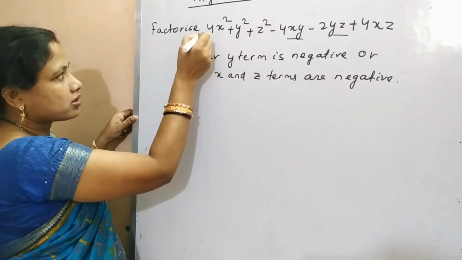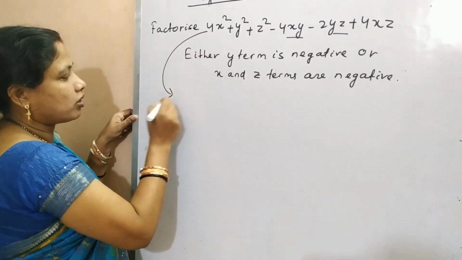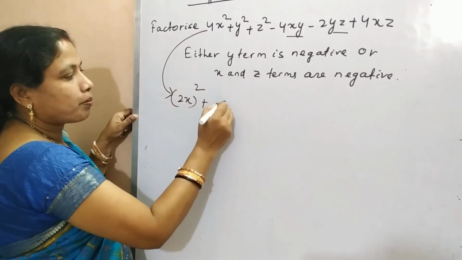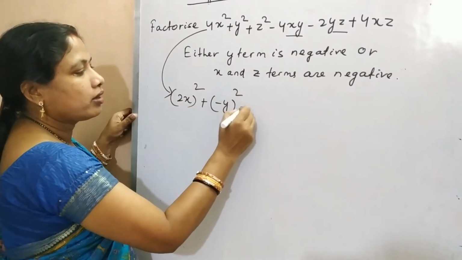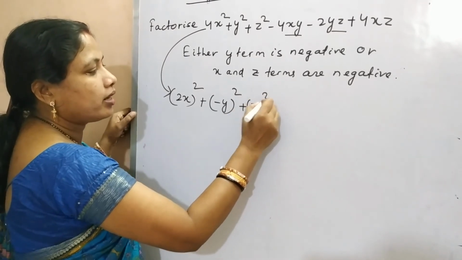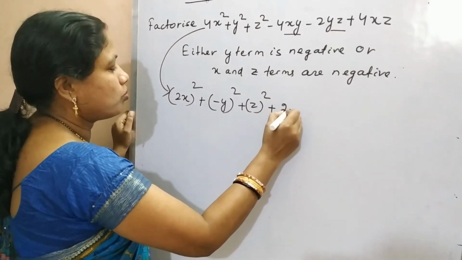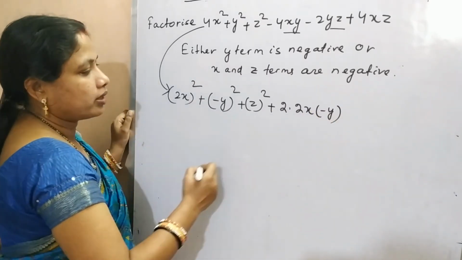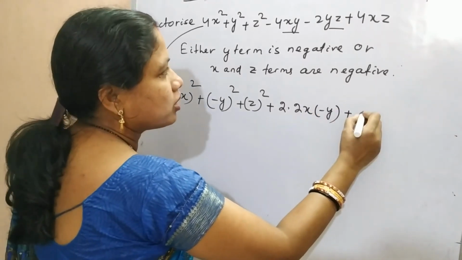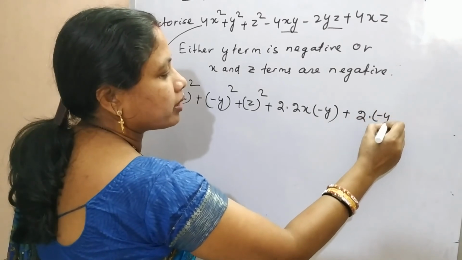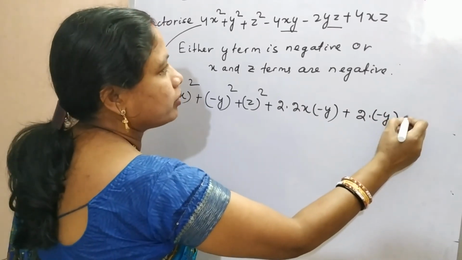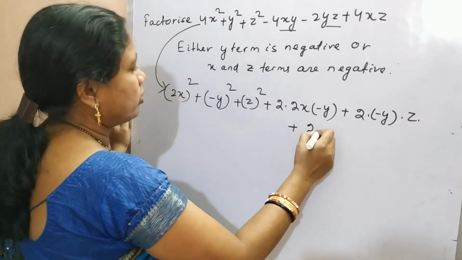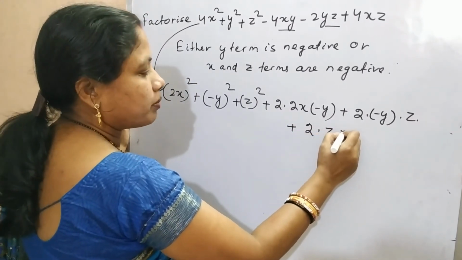So this expression becomes 2x whole square plus minus y whole square plus z whole square plus 2 multiplied with 2x multiplied with minus y, then plus 2yz, so 2 multiplied with minus y multiplied with z, plus 2zx, 2 multiplied with z multiplied with 2x.